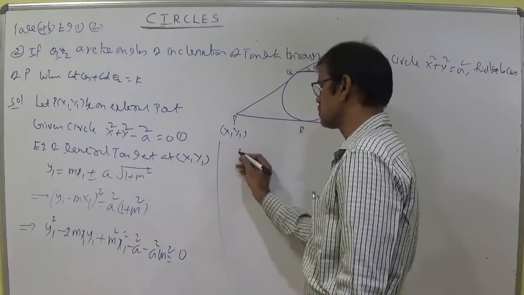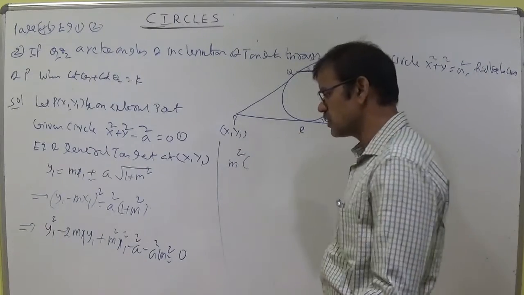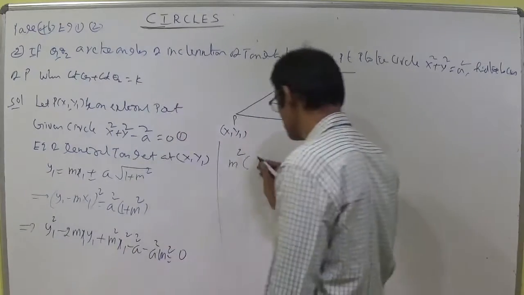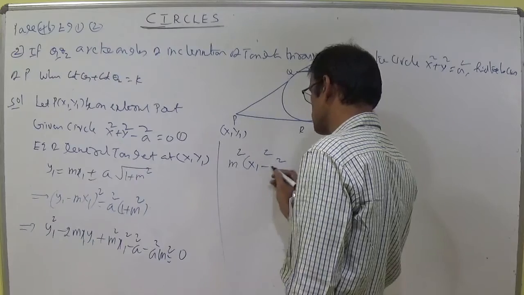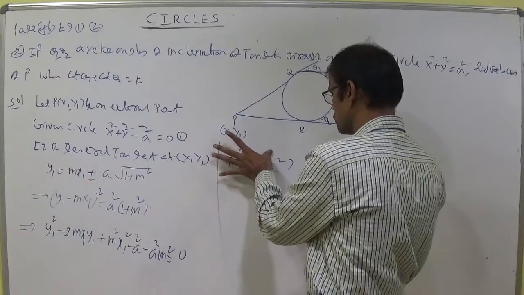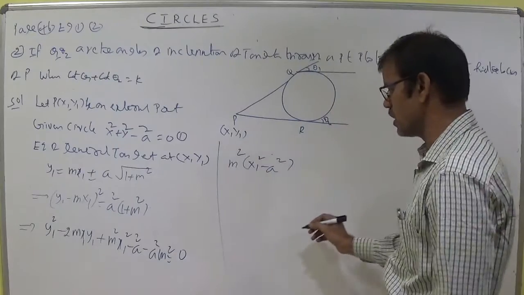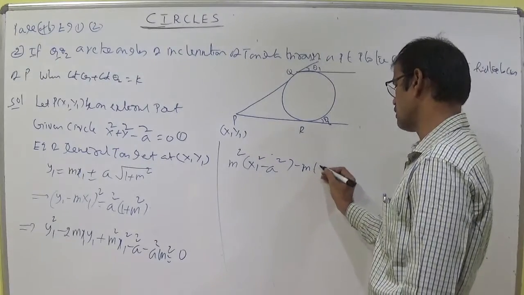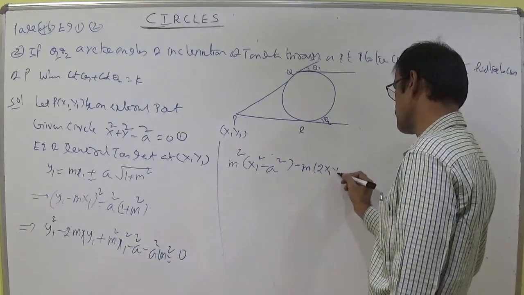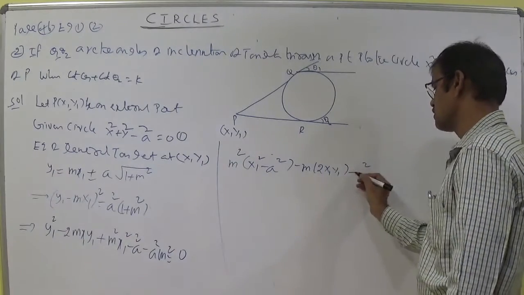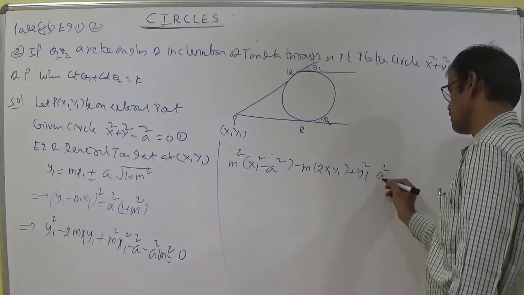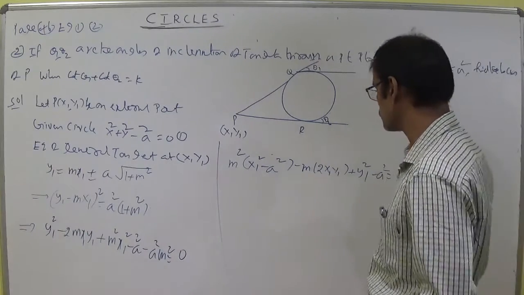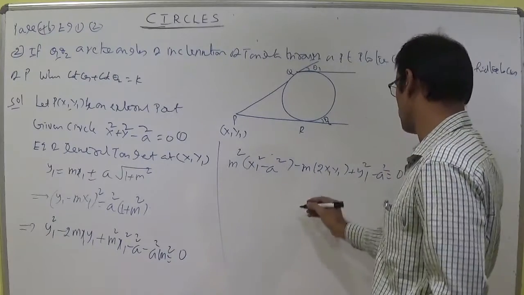Taking m square as common in this quadratic equation in m: m square into (x1 square minus a square) minus m taken common, within the brackets 2x1 y1, plus y1 square minus a square equal to 0.